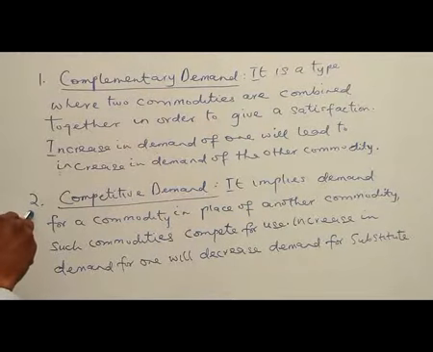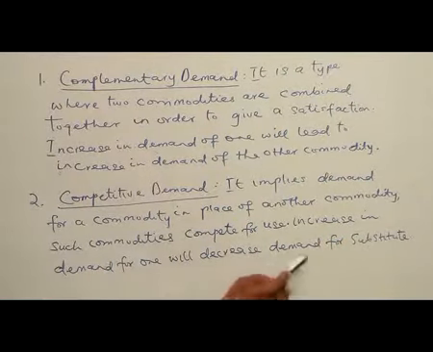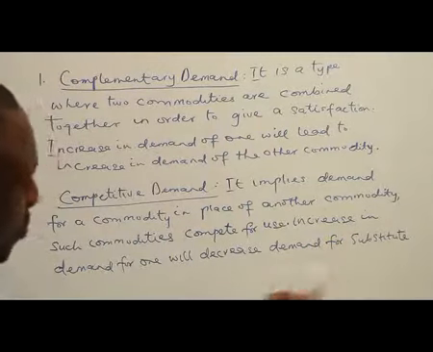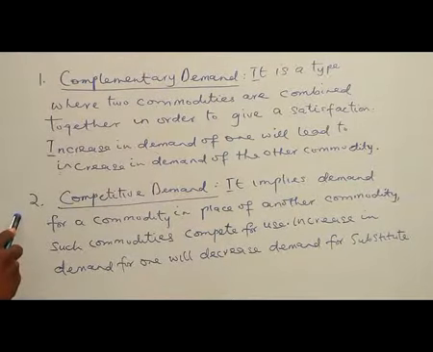Now, if there is an increase in demand for Nokia phone, it means there will be a decrease in the demand for the other one, because you can use Nokia phone in place of a BlackBerry phone. So what we are trying to understand in demand is that an increase in demand for one will decrease demand for the substitute. So if there's an increase in demand for Nokia phone, there will be decrease in the demand for BlackBerry phone.